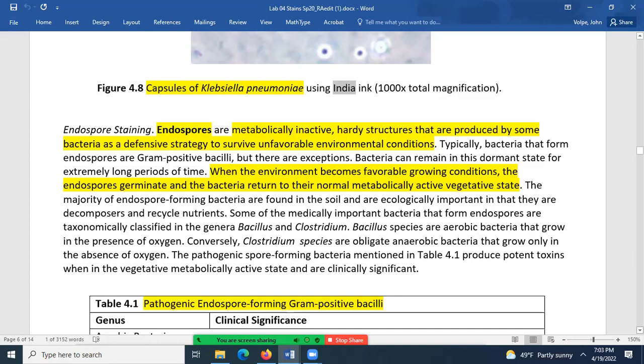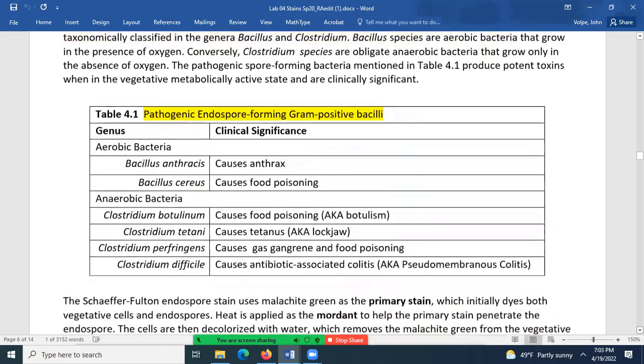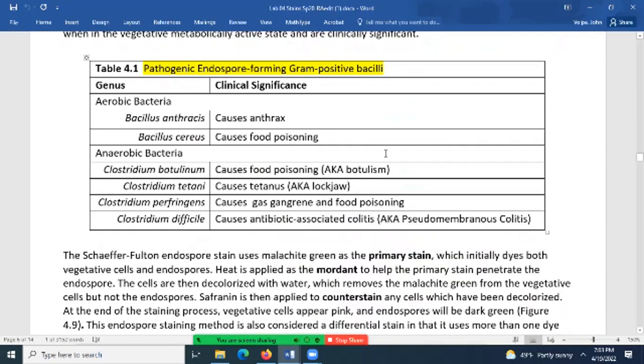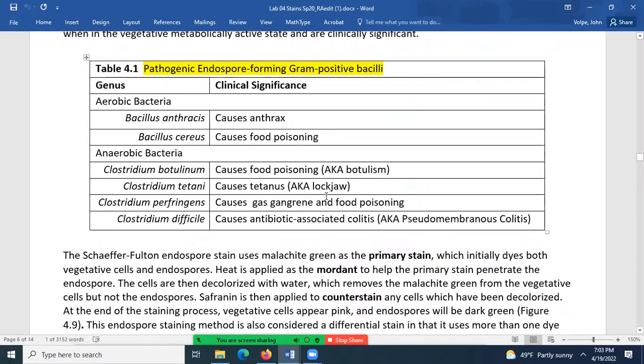This table is giving you some pathogenic endospore-forming gram-positive bacilli. So some important species which form endospores are given here. I think you've all heard of Bacillus anthracis causing anthrax, and you've probably heard of food poisoning. Bacillus cereus is one of the bacteria that can cause food poisoning. There are actually many that can, but Bacillus cereus is one that forms an endospore and causes food poisoning.